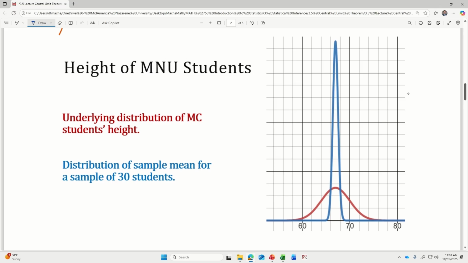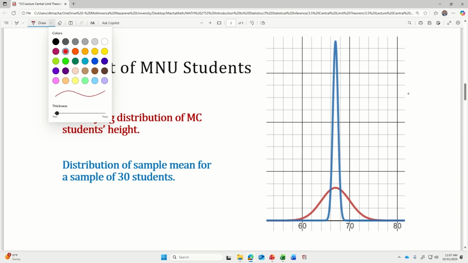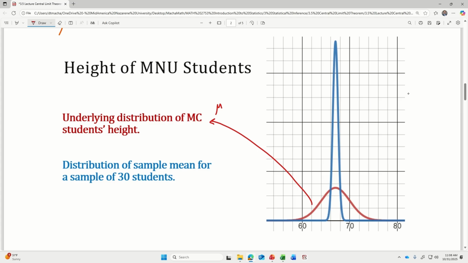Any questions so far? Wait, so the smallest red is what again? In red, this curve has a mean of 68 and a standard deviation of 3. The blue curve here has the same mean, but the standard deviation of the distribution of the sample mean is going to be the standard deviation divided by the square root of the sample size.